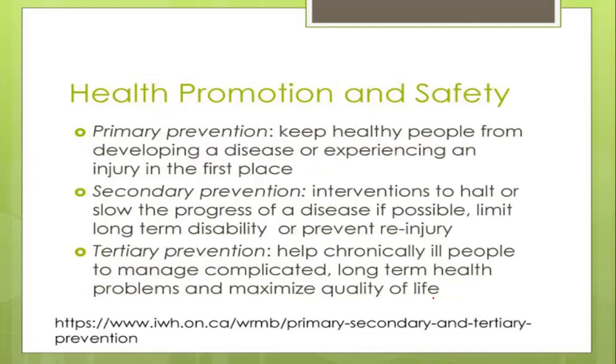Secondary prevention includes interventions to halt or slow the progress of a disease if possible, and limit the long-term disability or prevent re-injury. Tertiary prevention helps chronically ill people to manage complicated long-term health problems and maximizes the quality of life.